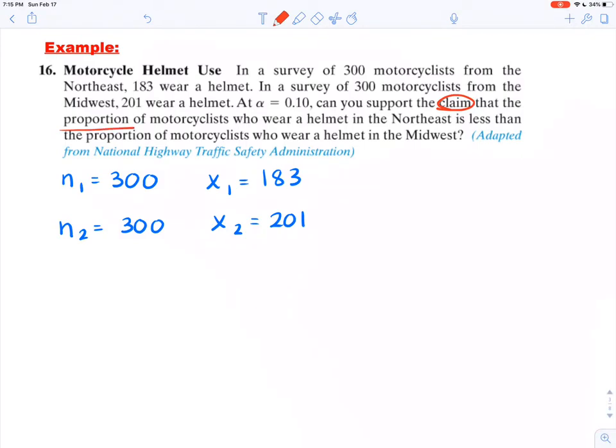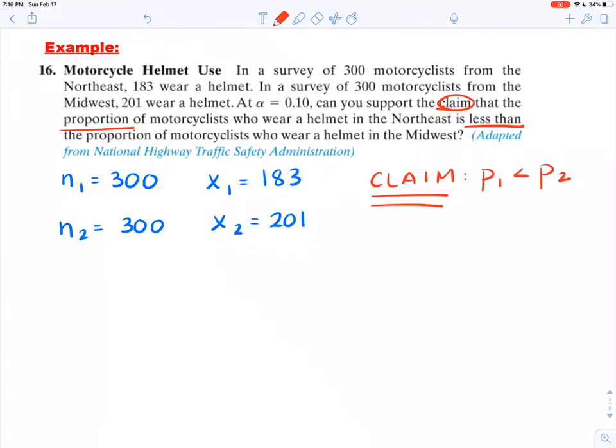Specifically, I want to test the claim that the proportion who wear a helmet for the first group, the Northeast, is less than the proportion who wear a helmet in the second group, which is the Midwest. So my claim that I'm testing here would be that P1, the proportion for the Northeast, is less than P2, the proportion for the Midwest.